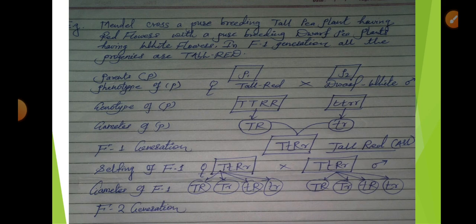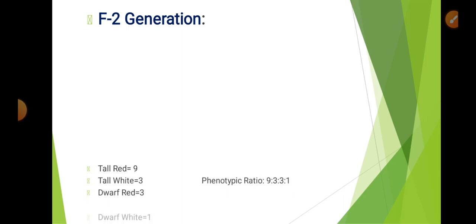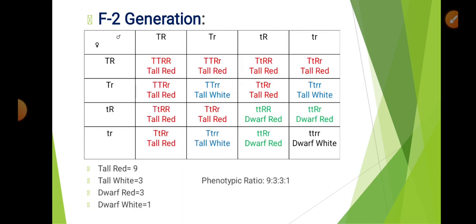Then, when we make the Punnett checkerboard and cross those gametes, the F2 generation gives 9 tall red plants, 3 tall white plants, 3 dwarf red plants, and 1 dwarf white plant, and the phenotypic ratio is 9:3:3:1.